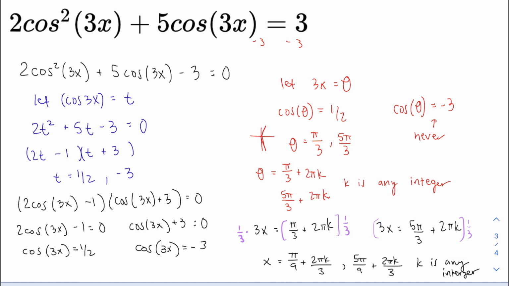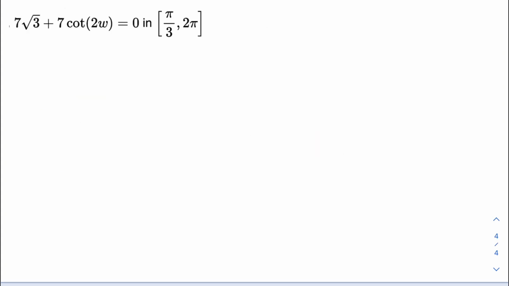All right, let's do one more. This one is on a restriction again. It's cotangent and it's linear. So because it's linear, I'm going to start by isolating the trig function. I'm going to subtract 7 radical 3.